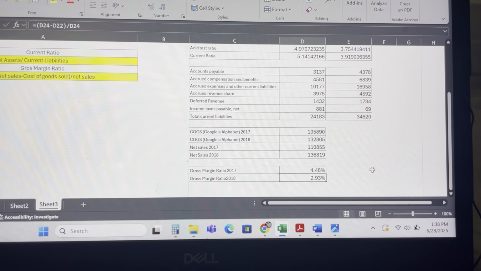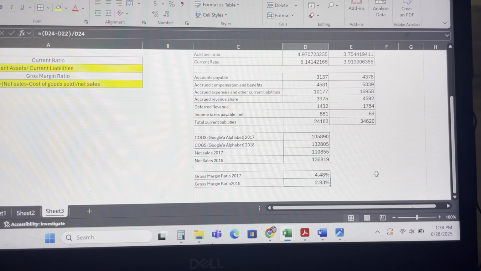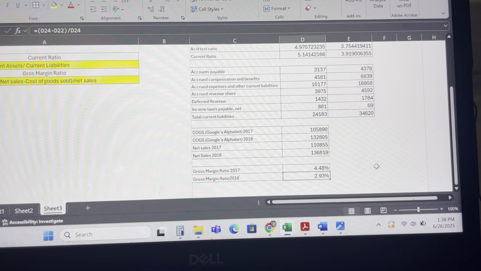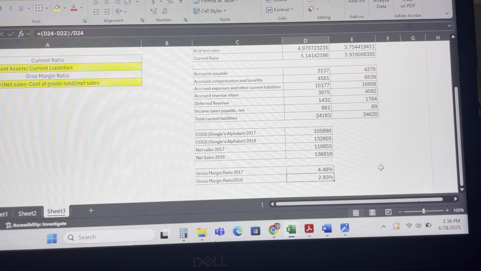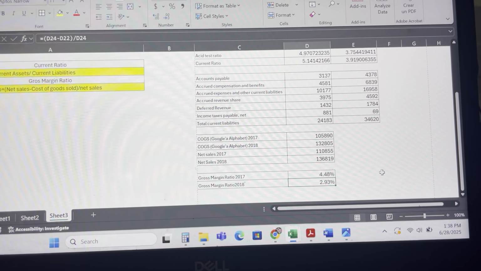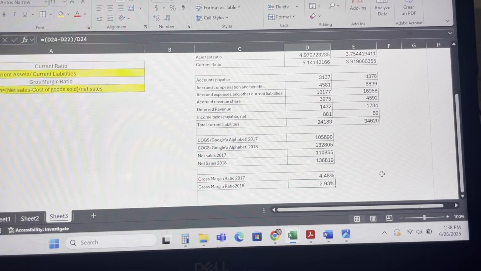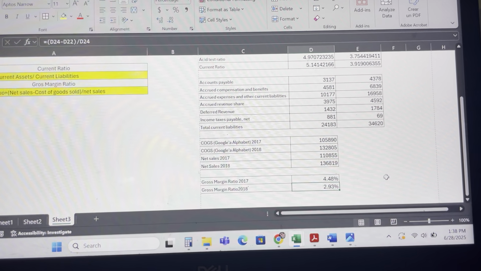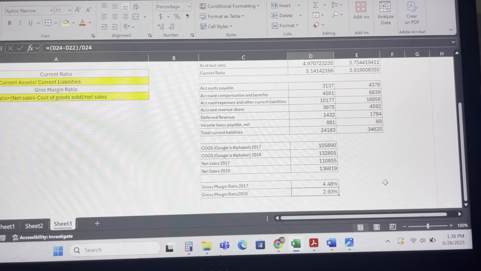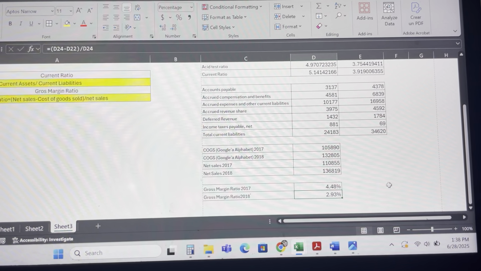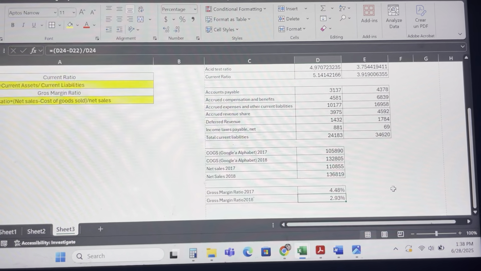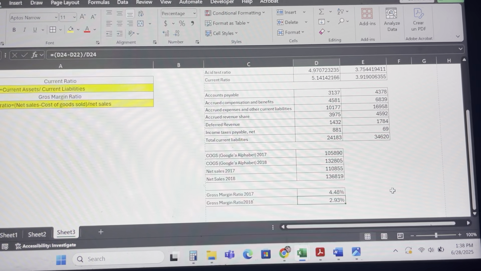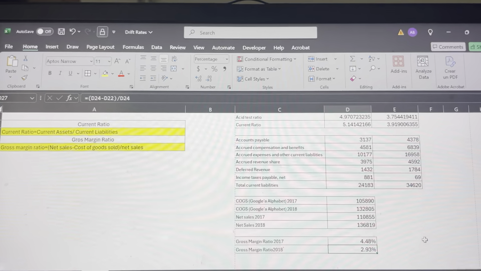This means, according to my understanding, we'll figure it out in the book later on, that for every $100 spent in producing a sale, let's say in buying the product, storing it, and then sending it or selling it, you make $4.48. It's not a very big gross margin rate.